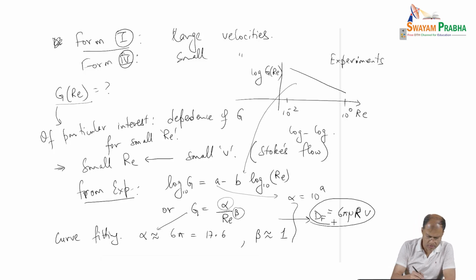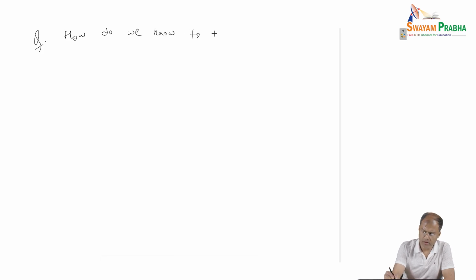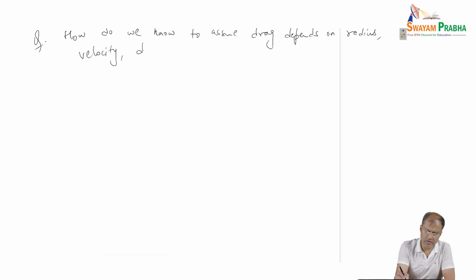So, how do we know to assume that the drag depends on the radius, the velocity, the density, and the dynamic viscosity?